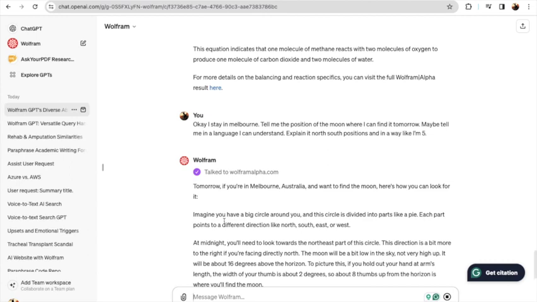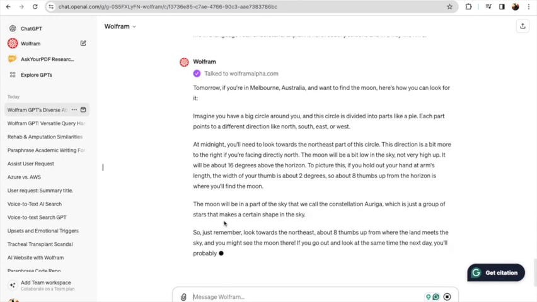Okay, northeast, south, good. At midnight, you'll need to look towards the northeast part of the circle. The direction is a bit more to the right if you're facing not directly north. Got it. Okay, northeast. This moon will be a bit low in the sky, not very high up. Good to know. So it won't be overhead. 16 degrees above the horizon.